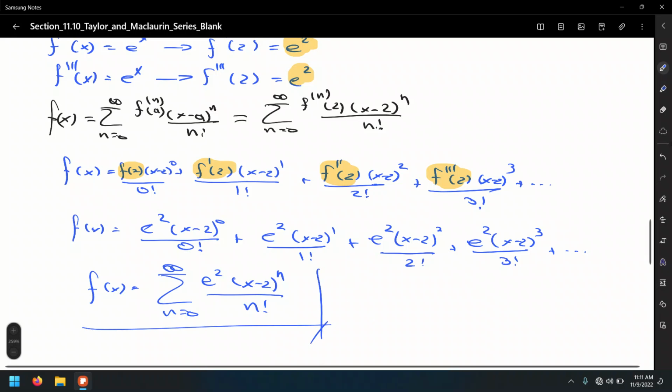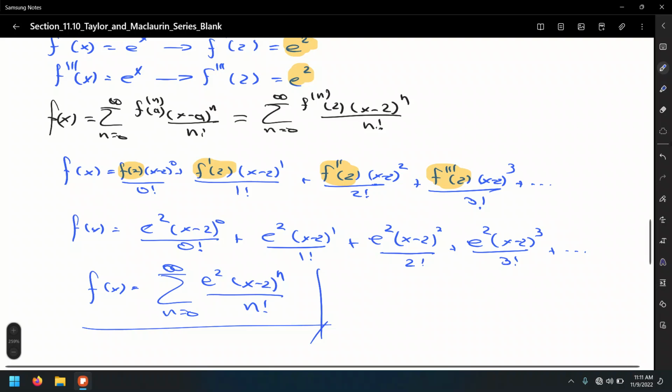That's our pattern in this case, because e to the second power is a common factor to all polynomial terms. And what do we have? x minus 2, and the factorial increasing in the same order as the nth term: 0, 1, 2, 3. So that should work.